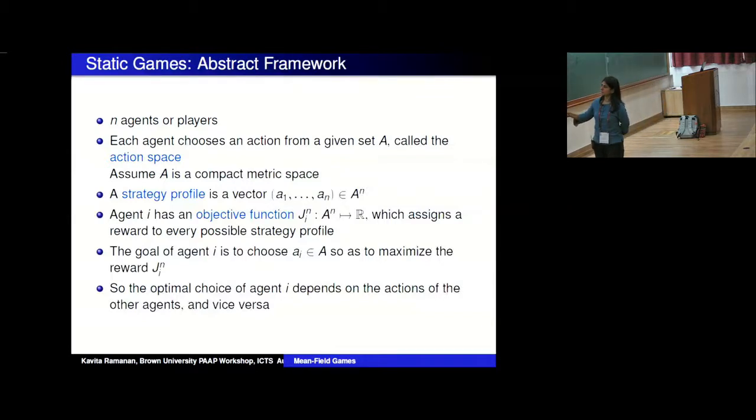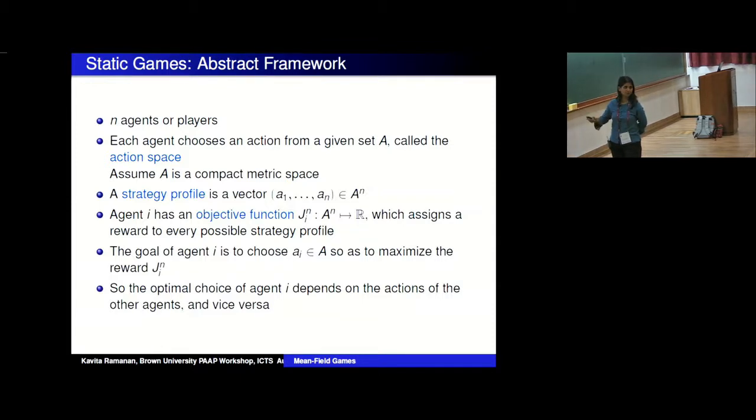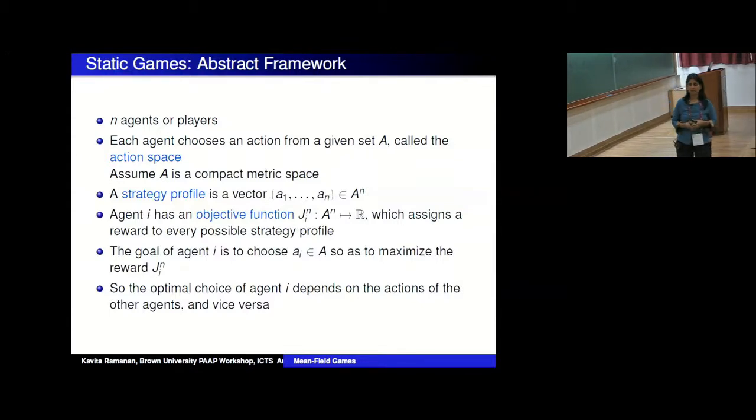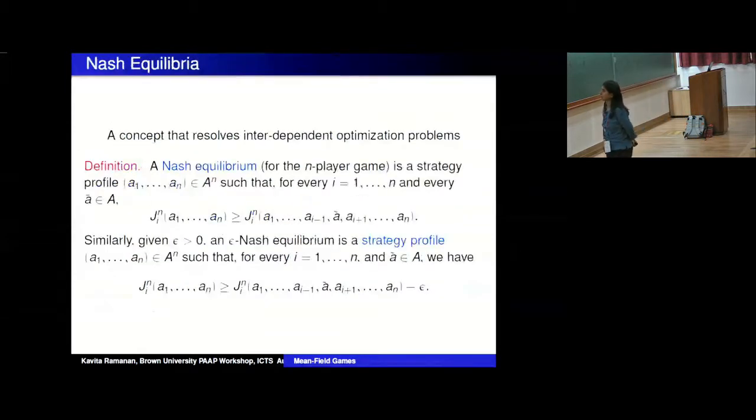And now the optimal choice of agent i depends on the actions of the other agents and vice versa, right? So what you're led to is a coupled system of interdependent optimization problems. And how do you resolve how they get optimized? That's where the concept of a Nash equilibrium comes in.